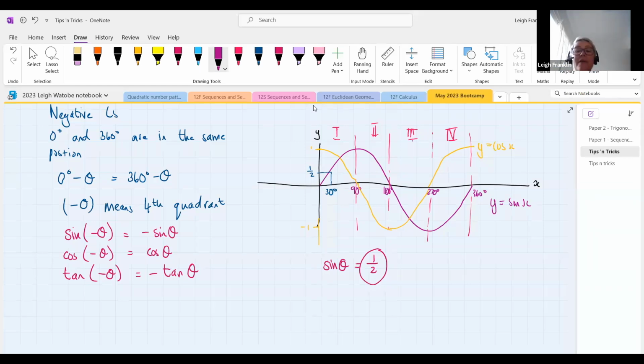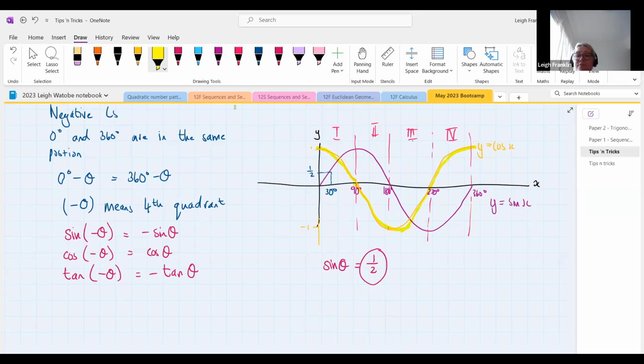All right, so looking at the yellow graph now, matrics, the yellow one, let me just highlight it to make it stick out a little bit more. Okay, can you see that your cos graph, your outputs on your function are positive in quadrant 1. They're negative in quadrants 2 and 3 because the graph is below the x-axis, and it's positive again in quadrant 4.